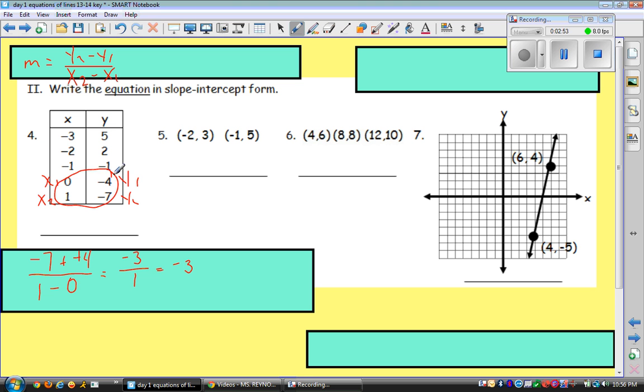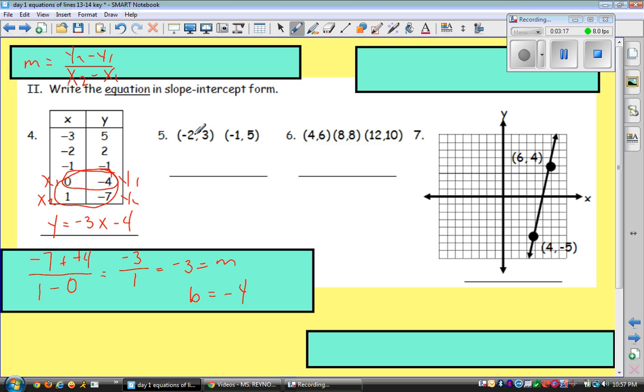Now remember on the previous problem, when x was 0, then the y is your y-intercept. So this is your slope, and your y-intercept is negative 4. So your answer is y equals negative 3x minus 4.